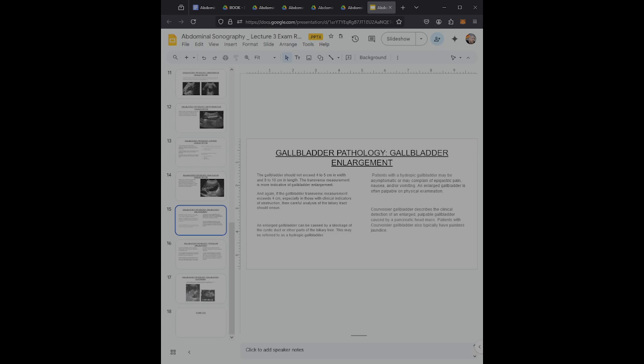The gallbladder should not exceed 4 to 5 centimeters in width or 8 to 10 centimeters in length. And the transverse measurement is more indicative of gallbladder enlargement. And again, if the transverse measurement exceeds 4 centimeters in those with clinical indications of obstruction, then we should observe the biliary tract.